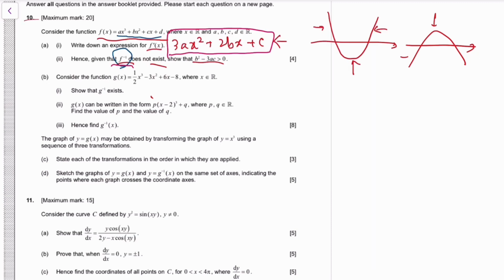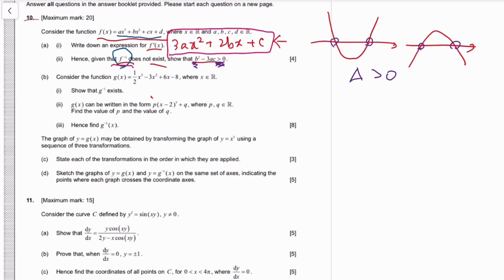Now, if a quadratic looks like either one of these two, what can you say? Well, it must have two x-intercepts. And when a quadratic has two x-intercepts, that means the discriminant must be bigger than 0. So now you see the familiar b squared, and that's why there's an inequality.